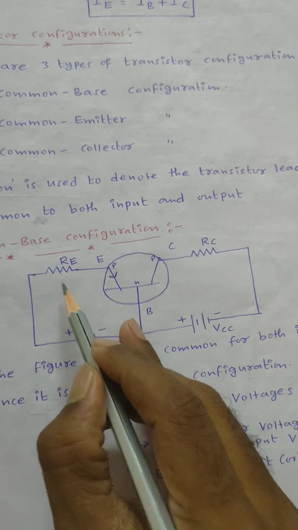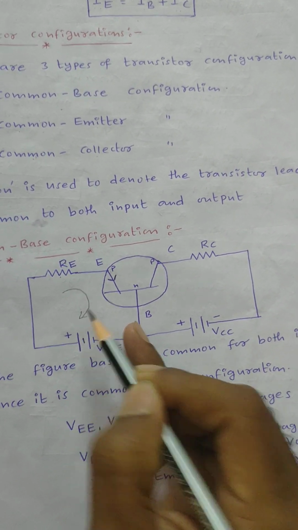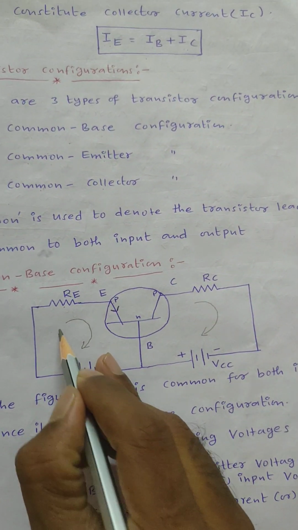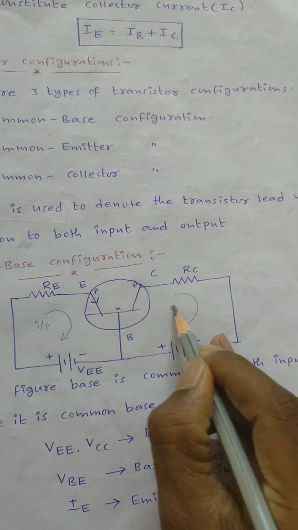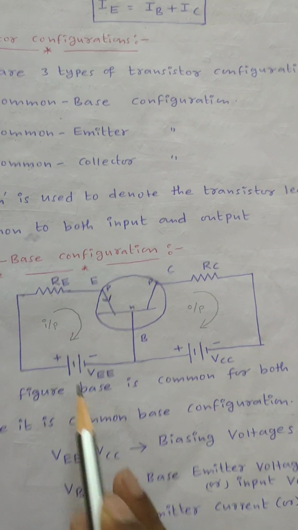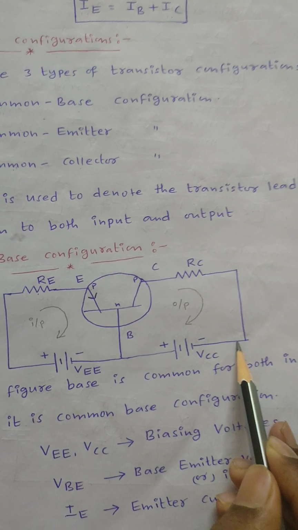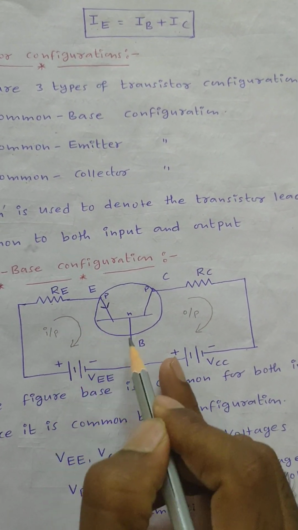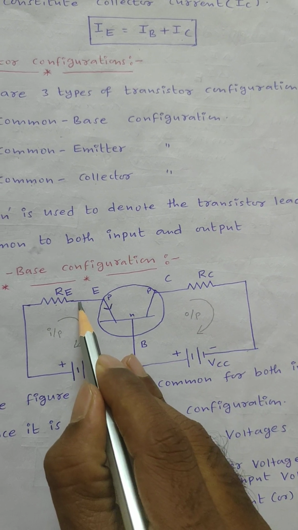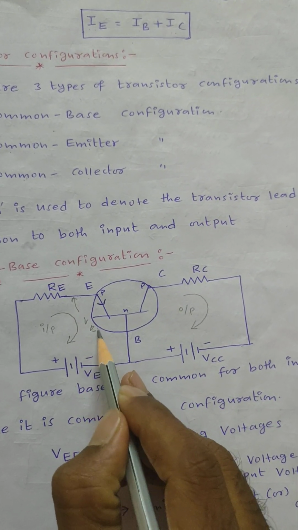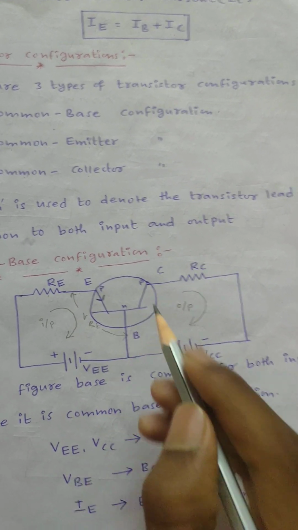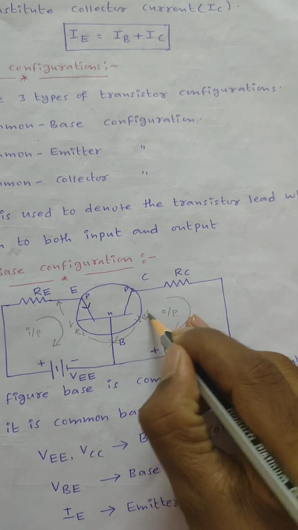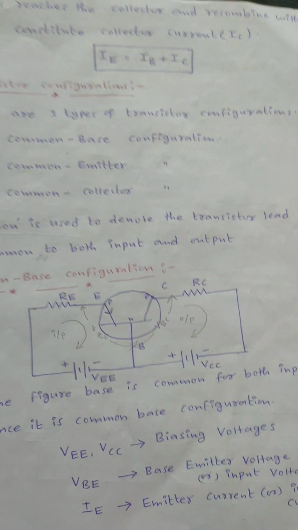Now see here, this is the input loop, this is the output loop. Here VEE and VCC are the biasing voltages. Here VBE, the voltage between base and emitter terminal, is the base emitter voltage or input voltage. The voltage between base and collector terminals is the base collector voltage or output voltage.